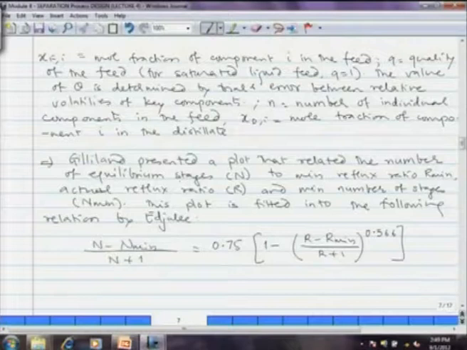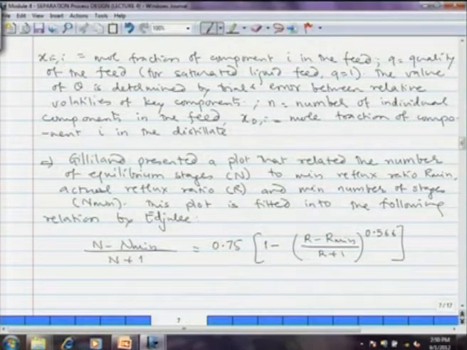Gilliland has presented a plot that related the quantity N minus N minimum divided by N plus 1 to the quantity R minus R minimum divided by R plus 1, and the relation is later on transformed into an expression, a correlation essentially by Eduljee, and the correlation reads N minus N minimum divided by N plus 1 is equal to 0.75 into 1 minus R minus R minimum divided by R plus 1 raised to 0.566.